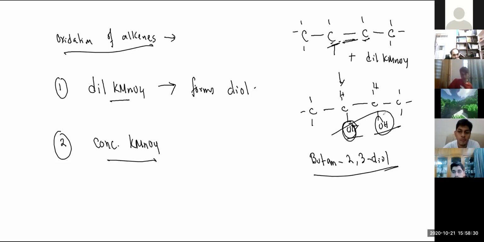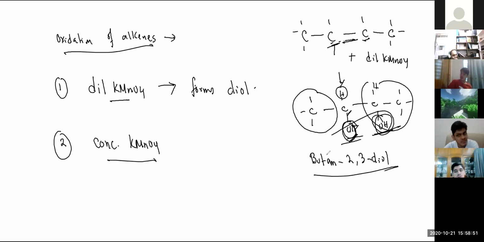So what type of alcohol is this? The carbon to which the OH is linked is bonded to how many hydrogens? 1. And how many R groups? 2. So what type of alcohol is this? Secondary. Very good.